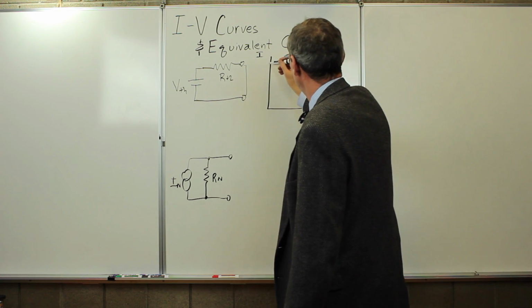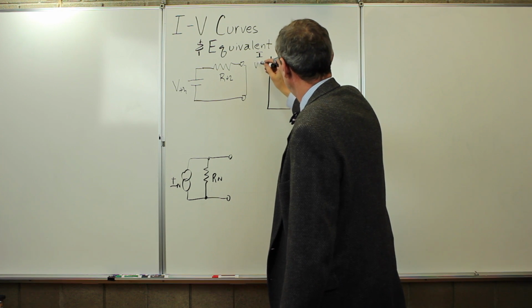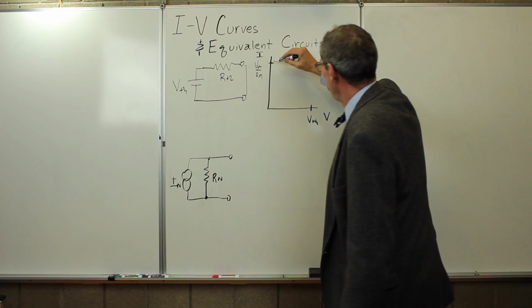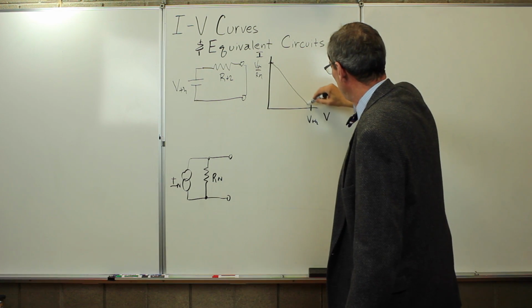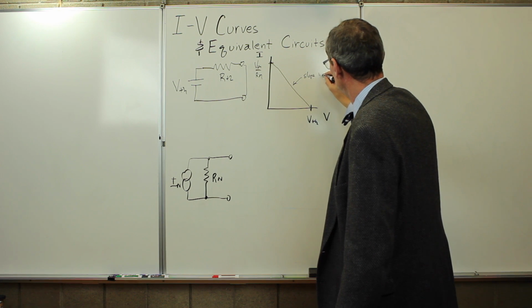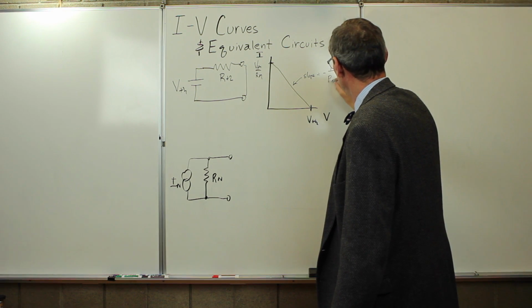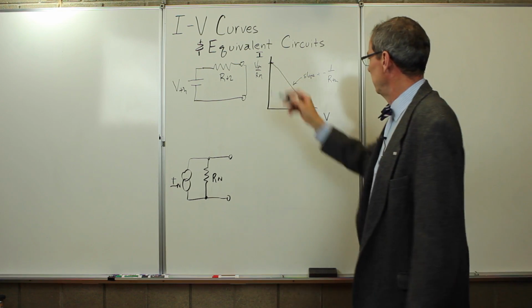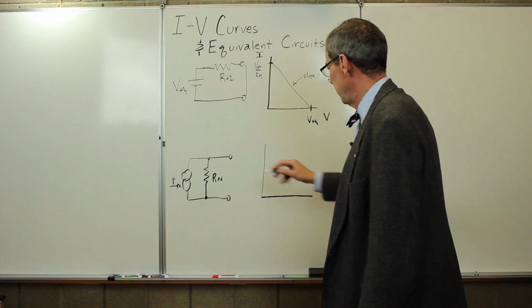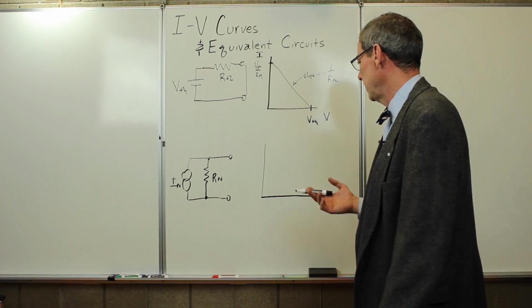So we're going to have a current V Thevenin divided by R Thevenin, and what connects in between is something that looks like this, and the slope is minus 1 over R Thevenin there. So that's the IV curve of this circuit.